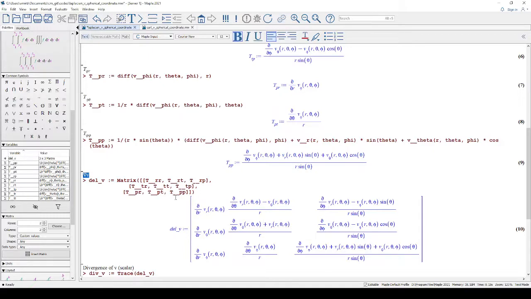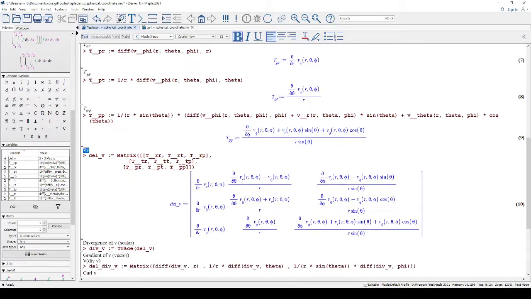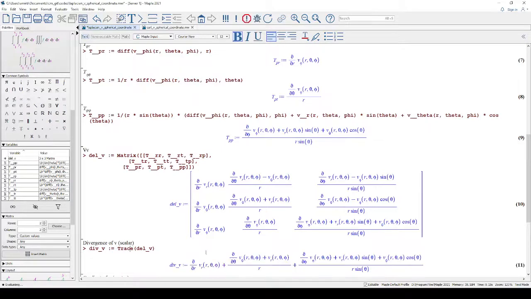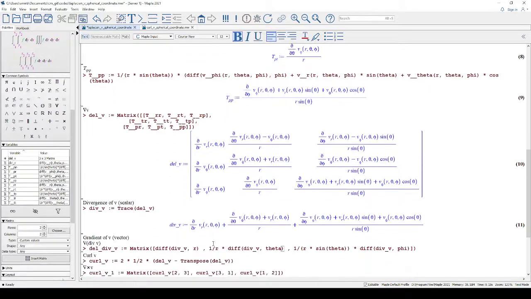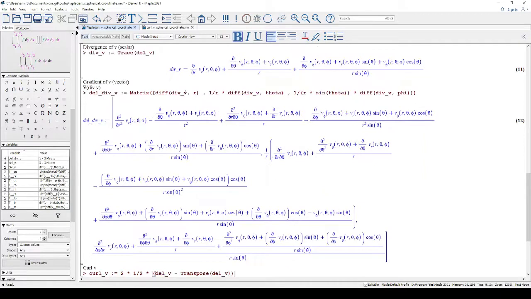So I know that the trace of this tensor is basically the divergence of v. So if I do this, I will get something like this, and the del of the divergence is basically this operator here from the book. We already saw this. So I put it into matrix form to distinguish between the ER.